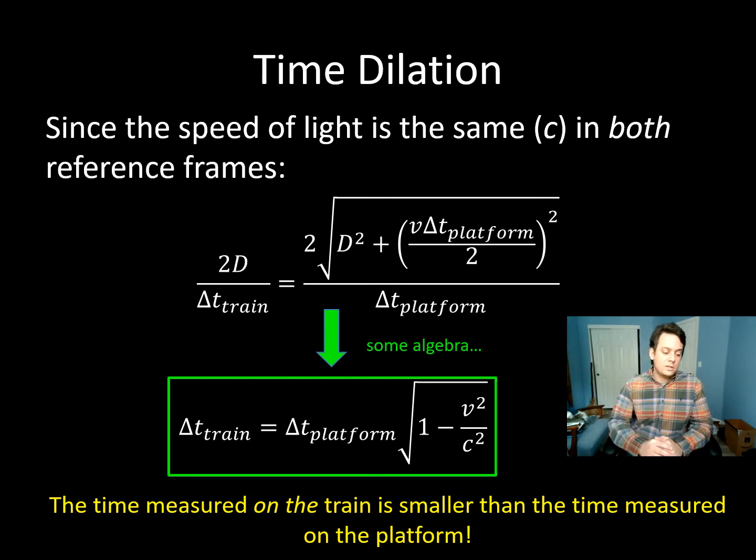This is one of the mind-boggling aspects of special relativity, or of nature, which is correctly described by special relativity. And it's a direct result. All that we used was the fact that the speed of light is the same in both of these frames of reference.